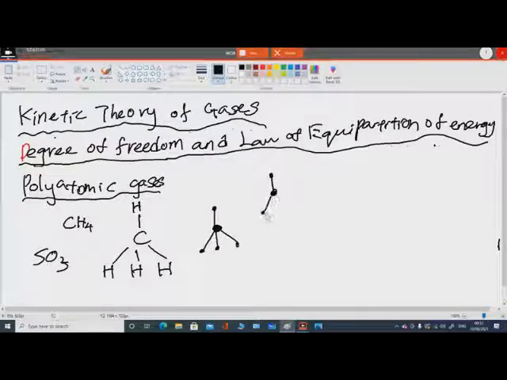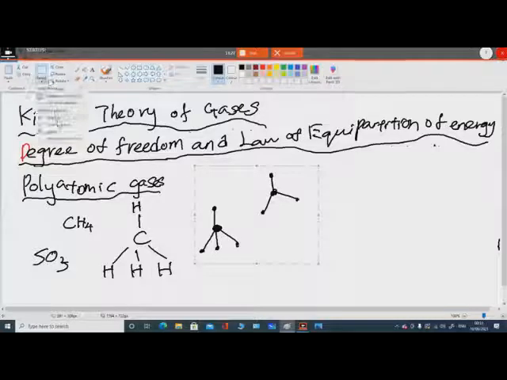Some sort of this structure. Okay, so some kind of this structure. Alright, so these are the polyatomic gases, which have two or more atoms attached together.